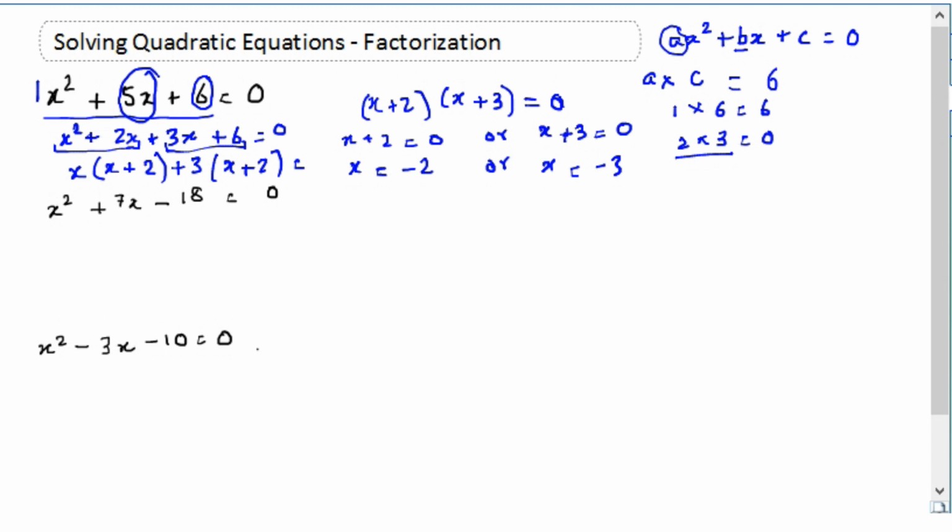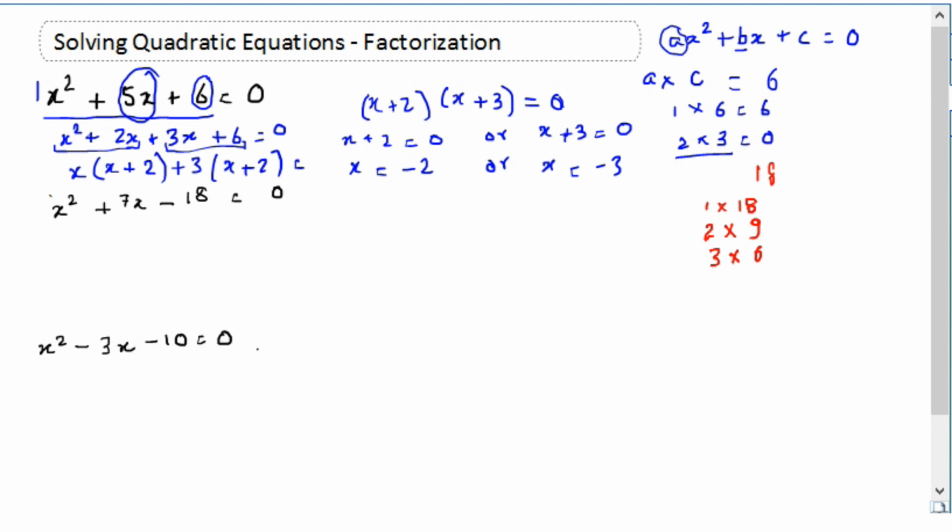Coming to the second equation, we see that the product of a and c is 1 and 18. So we have to find the factors of 18. 1 into 18, or it could be 2 into 9, or it could be 3 into 6, or I think those are the only factors available.